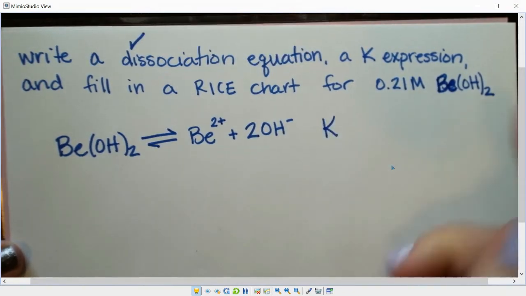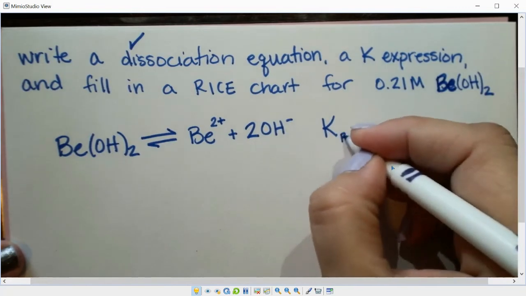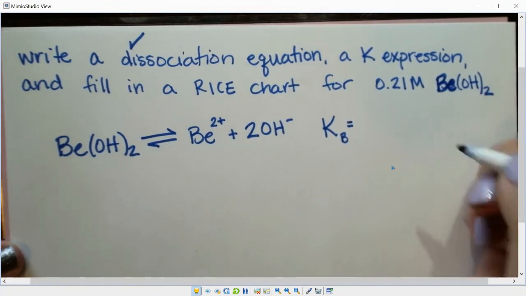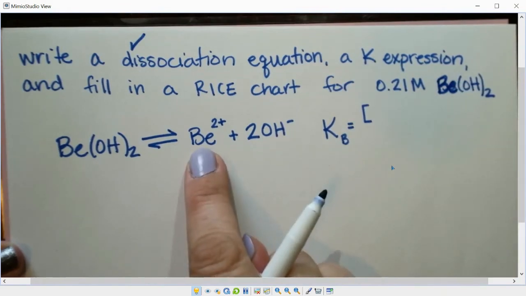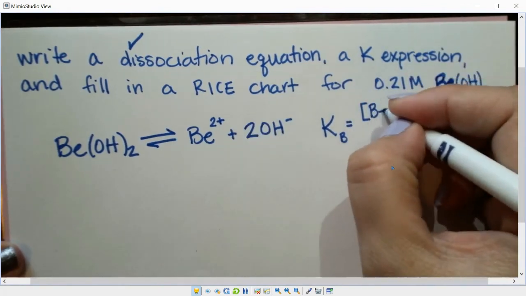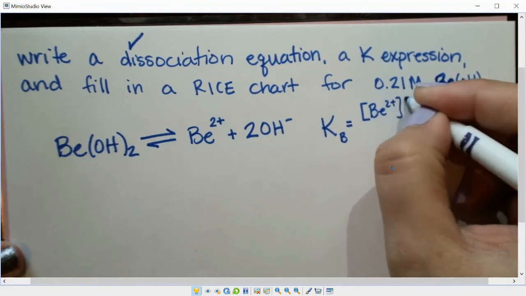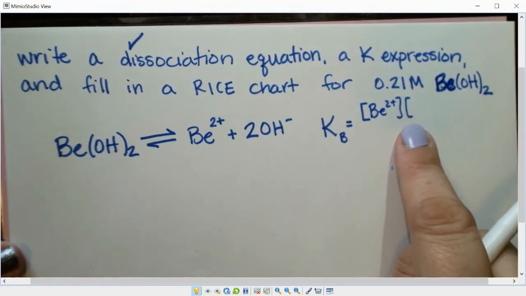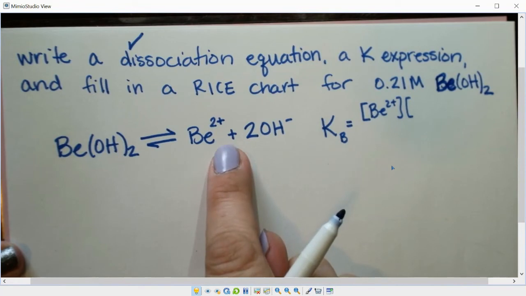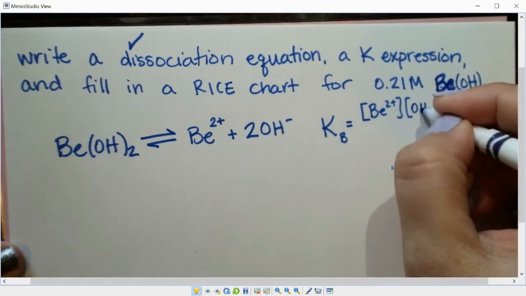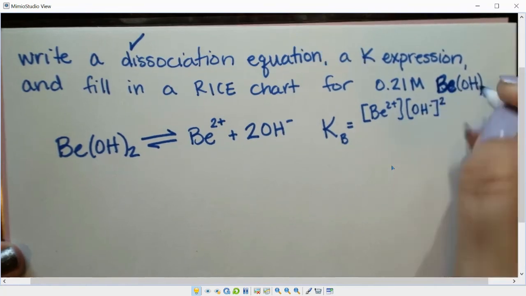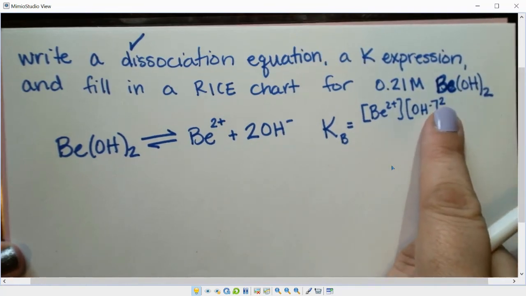Then we're going to write a K expression from that. So I say K, and I go Kb, and it equals products, which is the Be2 plus concentration, and this is multiplied, so be careful that you don't try to add it because you see this add here. So Be2 plus and OH minus, raised to their respective powers from their coefficients.